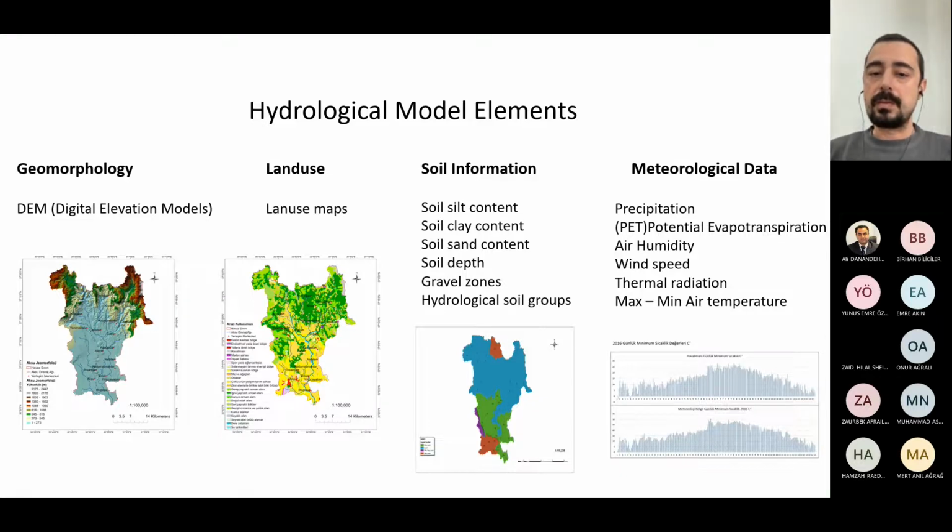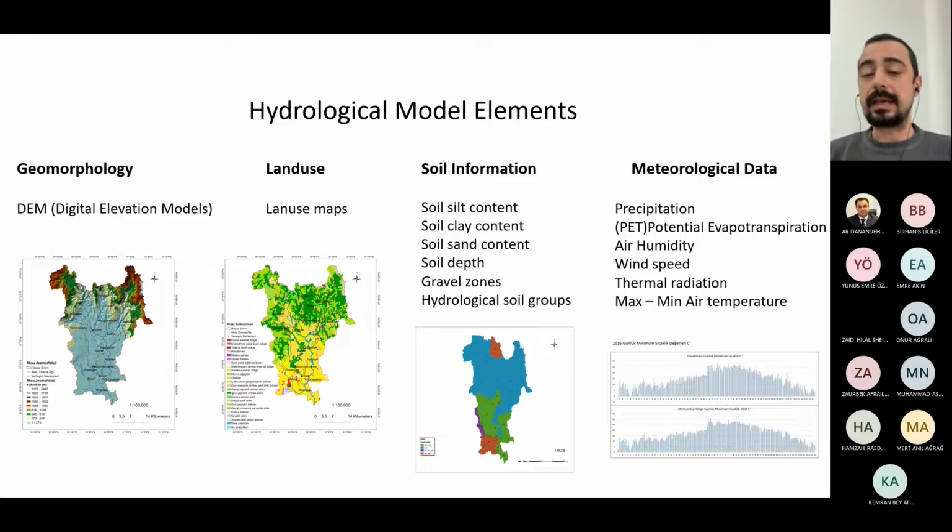We have land use data. There are lots of different classifications for land use data. For example, one land can indicate an agricultural field, and another land can indicate urban settlements. So this information is important for us.